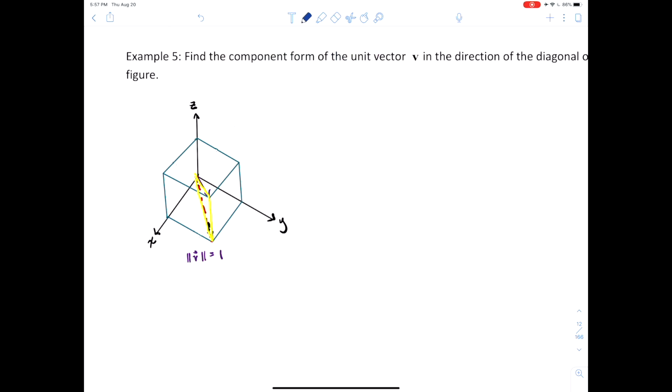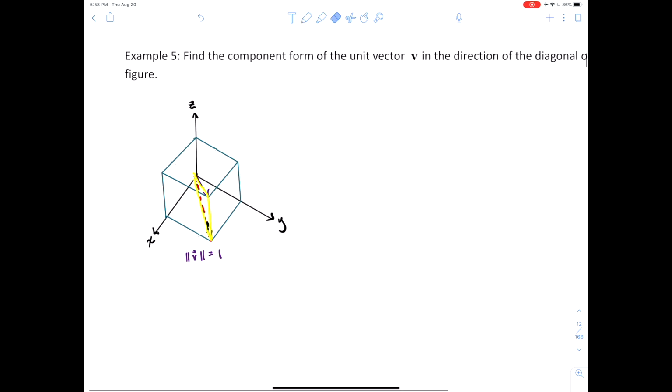If we call each edge e, right? This diagonal, it might be easier to see if we brought it up here. So this is going to be the same diagonal measure.